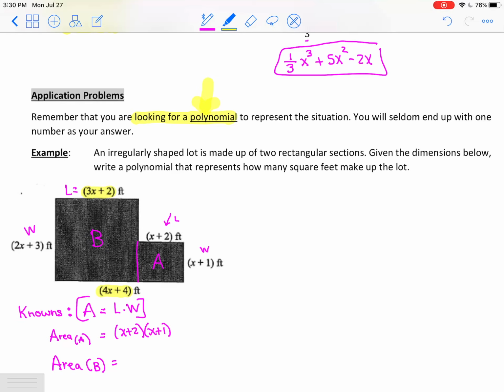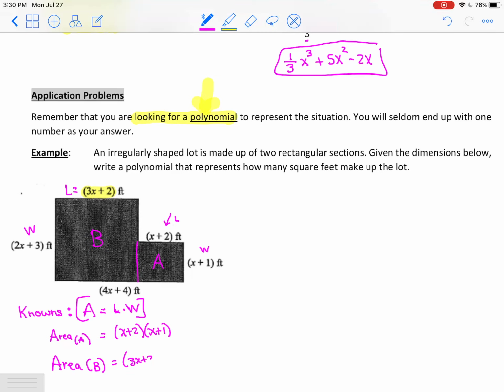Well, we can double check that. Is 3x plus 2 plus another x plus 2 equal to 4x plus 4? And it sure is. So we know that we're taking the right dimensions there when we're writing these down as our given information. Okay. So let's go ahead back here to our length times our width.